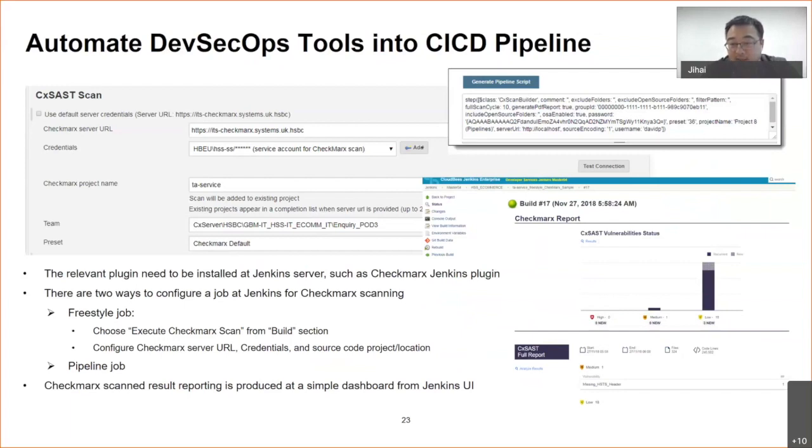You can see the vulnerabilities in different categories, like high, medium, and low. So this is just one example to show how we integrate the tools into our CI/CD pipeline to automate the process, and finally show the results and dashboard to the user.